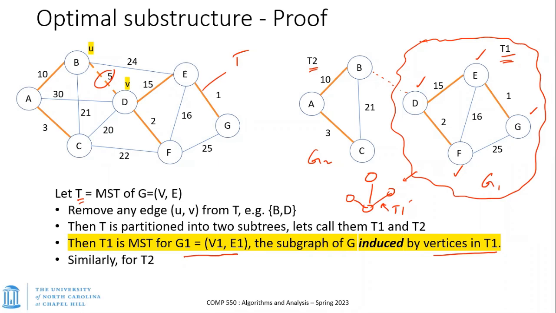So how do I show that it's not possible for T1 prime to have a lower cost? Remember, the minimum spanning tree is the tree whose sum of weights is smallest. So can you somehow show that if you form another tree within that induced graph, it cannot have a lower weight, a lower cost? Yes.